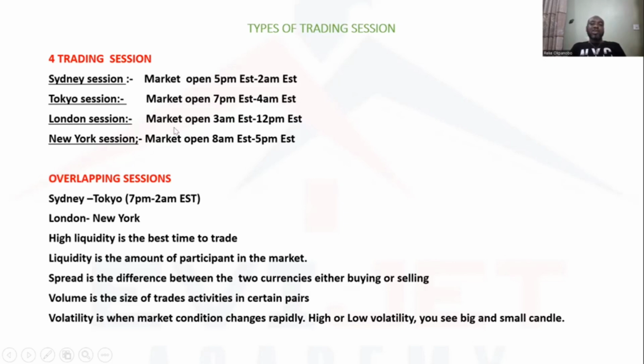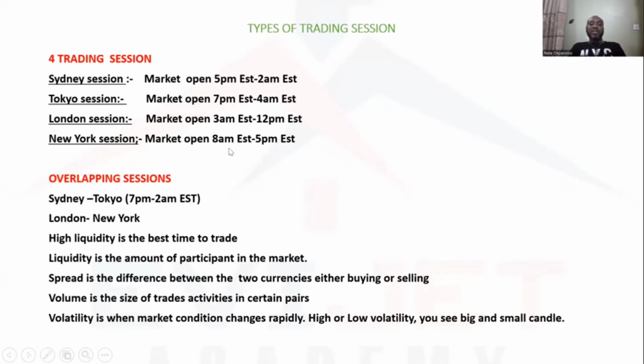Then when the London session opens 3 a.m. EST, which is 8 a.m. Nigeria time, till 8 a.m. EST, which is 1 p.m. Nigeria time. So when this market opens 1 p.m. Nigeria time, we'll now have overlapping of the New York and the London running from that time till around 5 p.m. Okay, that the London session will now close.